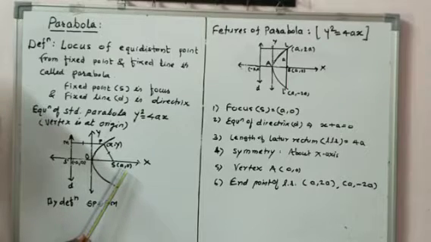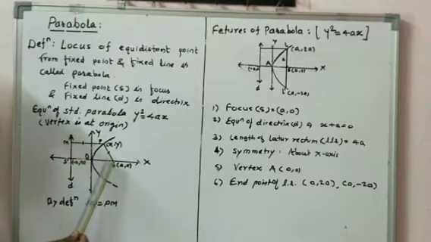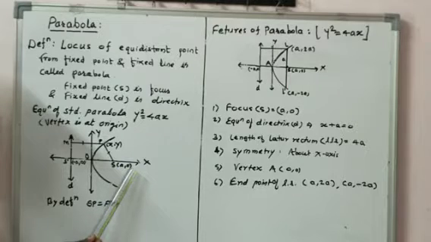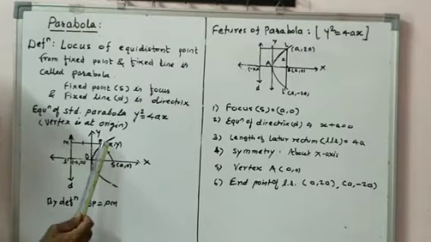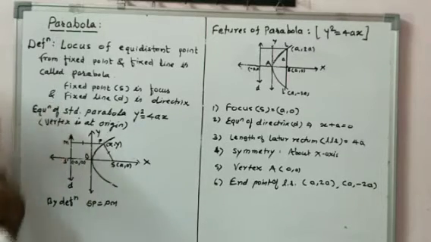Here, suppose distance OS is a, then the coordinate of the focus is (a, 0), the coordinate of point P is (x, y), and the coordinate of S dash, the point on the directrix on the x-axis, is (minus a, 0). And this is the figure of the parabola.